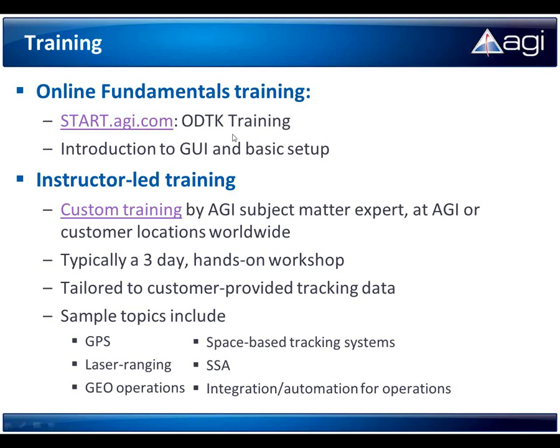Not mentioned on this slide here, if you actually download and install ODTK, there are a number of very helpful tutorials that are built right into the help system and address a number of the different special cases. So if you're using TDRS data for your satellite, or satellite laser ranging, or an onboard GPS receiver, it can give you an introduction to how to do that.